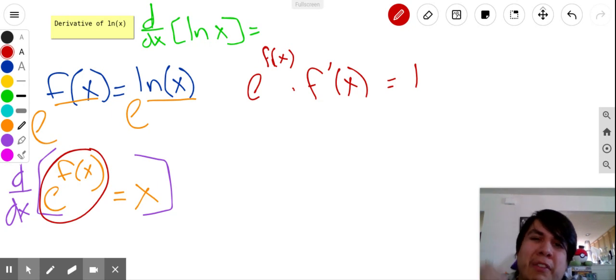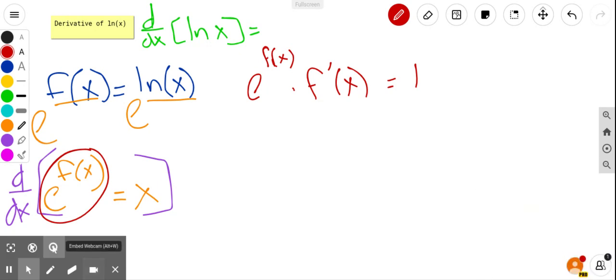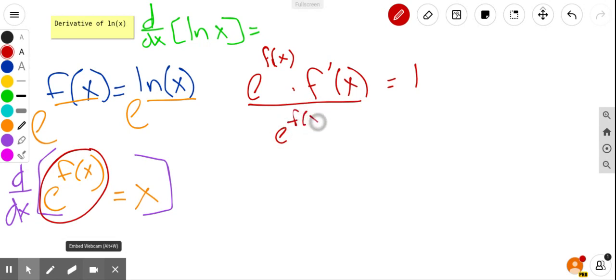And since my goal is to figure out the derivative, I need to get that f prime of x isolated. So kind of like what we were doing with the implicit differentiation, I'm going to divide both sides by e to the f of x power and take it from there.